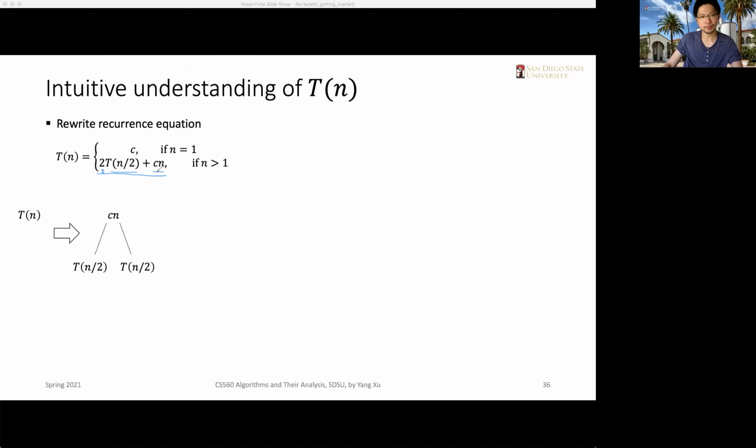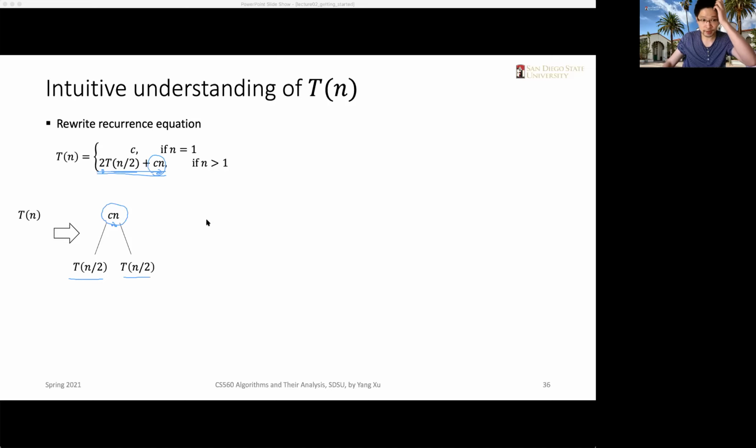So if we put c times n in the root node here, and we put 1 T of n/2 on the left branch and the other T of n/2 on the right branch, we basically can draw a tree structure, right? We decompose the equation into 3 parts, and the c times n, the cost for combining, is right here. All right, and that's not the end of the analysis.